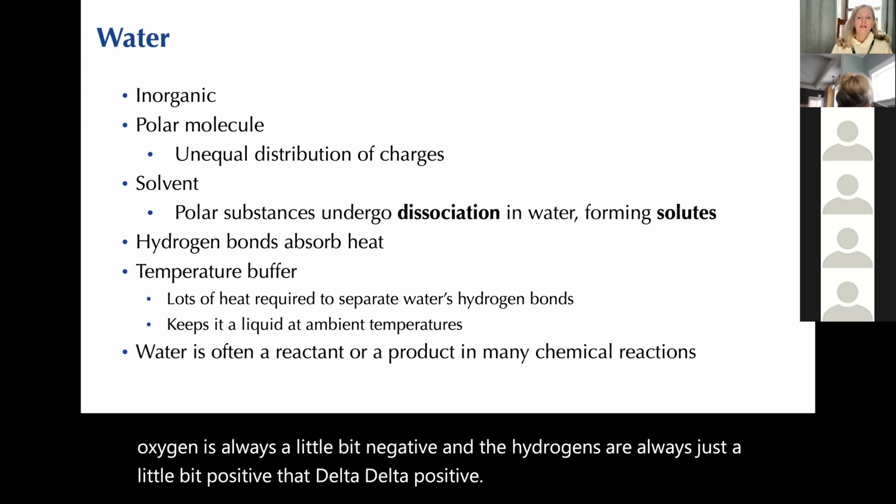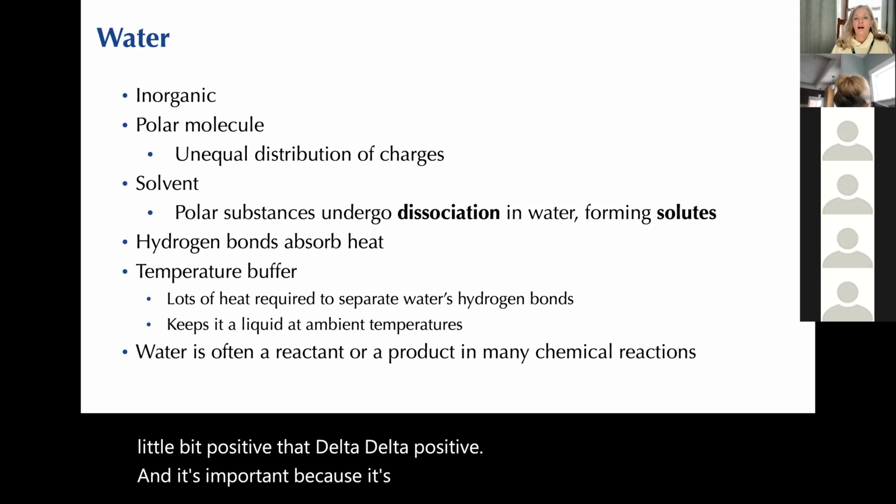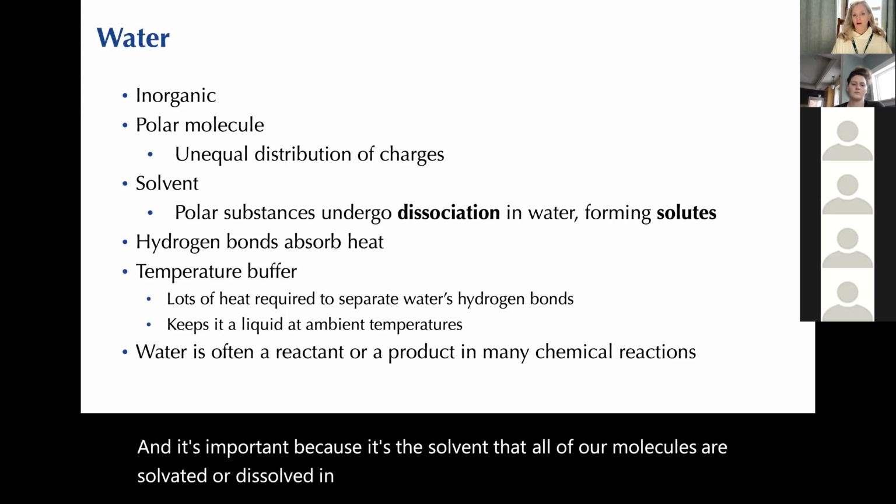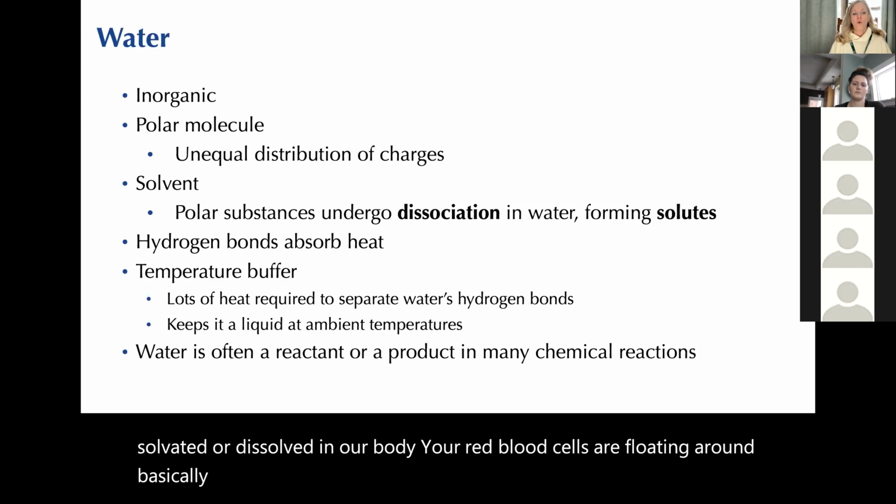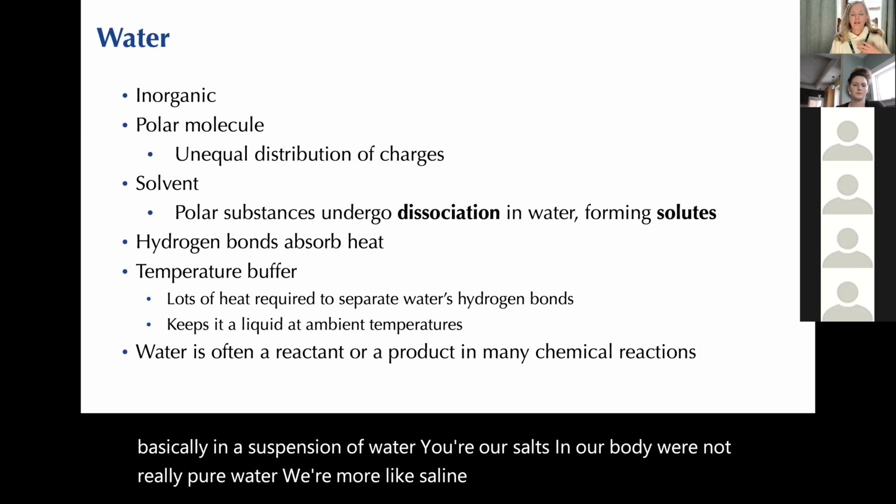And it's important because it's the solvent that all of our molecules are solvated or dissolved in our body. Your red blood cells are floating around basically in a suspension of water. We're not really pure water, we're more like saline solution. So we have sodium chloride dissolved in water.